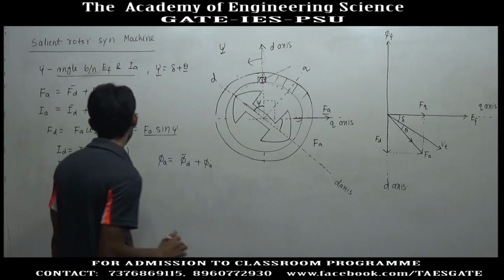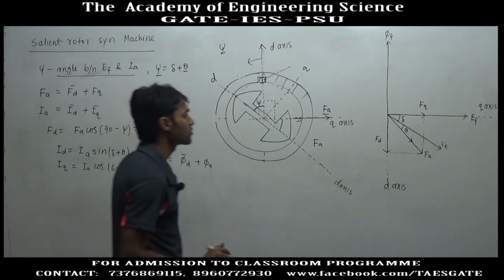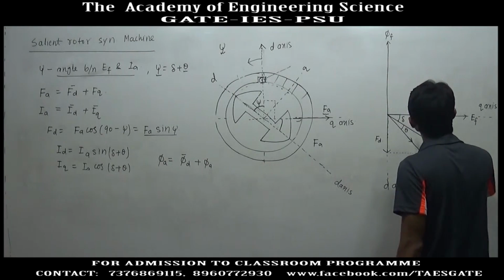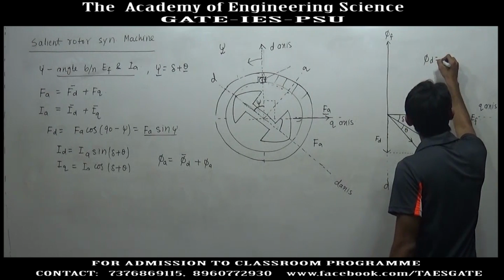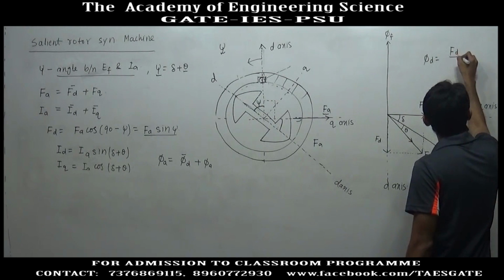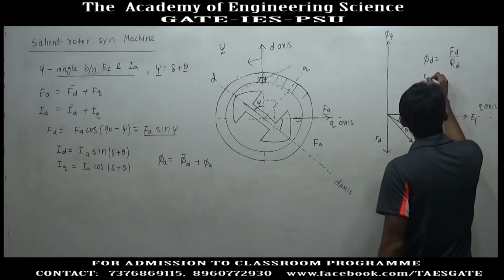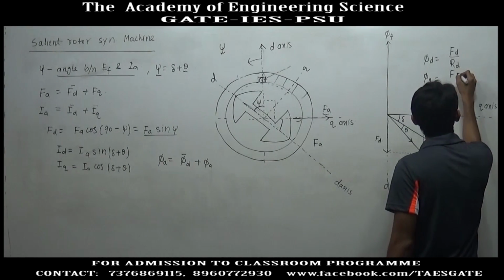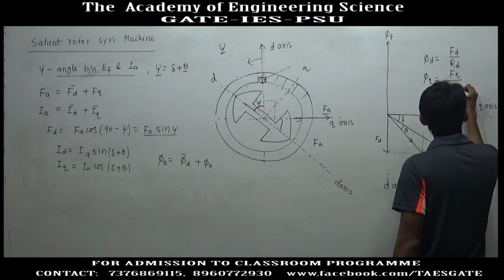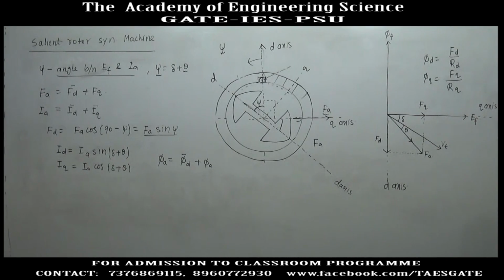Now we need to calculate flux. So, flux along D axis, phi D, will be MMF along D axis divided by reluctance along D axis, and phi Q will be MMF along Q axis divided by reluctance along Q axis.